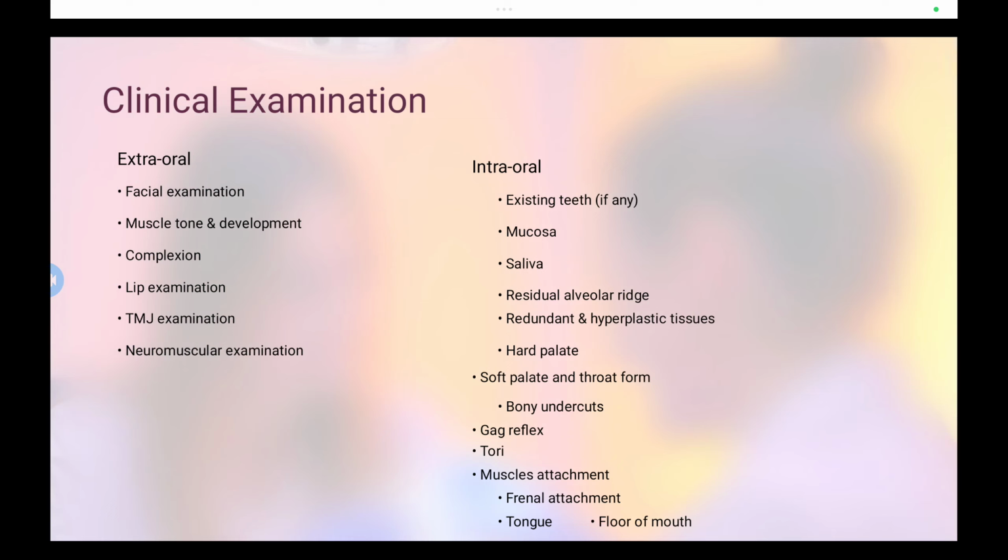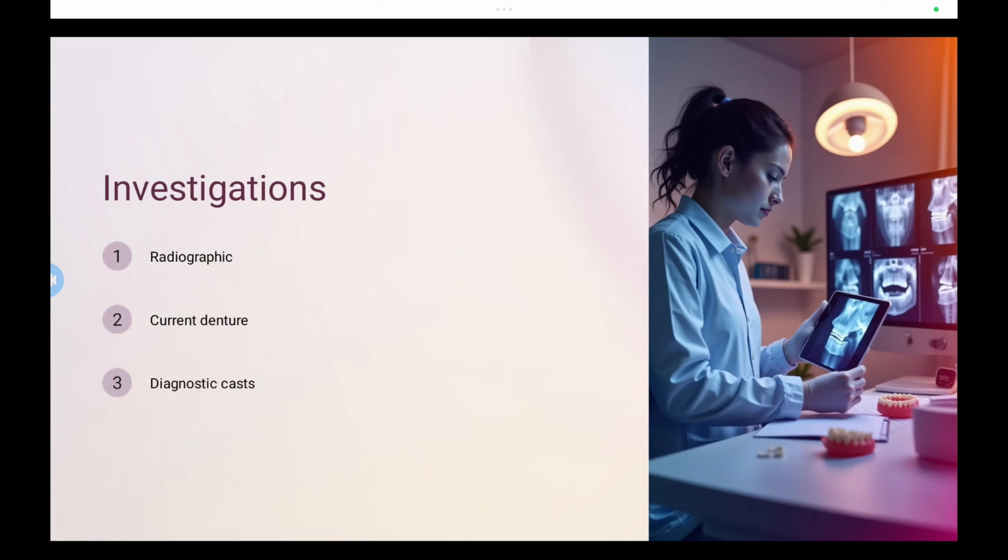It involves residual alveolar ridge, redundant and hyperplastic tissues, hard palate, soft palate and throat form, bony undercuts, gag reflex, tori, muscle attachment, frenal attachment, tongue examination, and floor of mouth examination. The further investigations involve radiographic examination and investigation, current denture examination, and diagnostic cast examination.